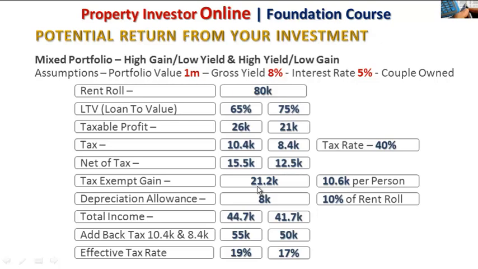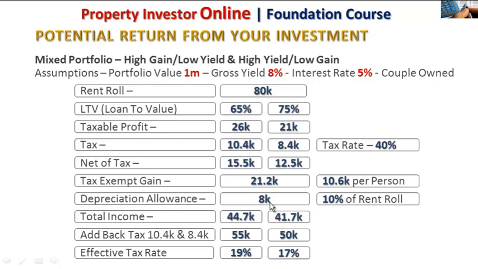As I said at the beginning, all these properties are furnished, and therefore you are entitled to deduct a 10% depreciation allowance based on the rent. And 10% of £80,000 is £8,000. Now, you will not be using this money to refurnish the properties, and I'll show you how you do this later on in the foundation course.